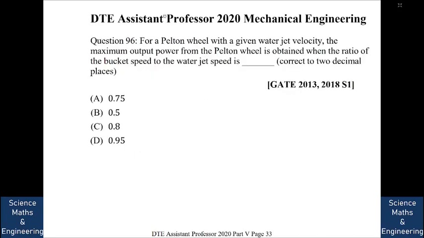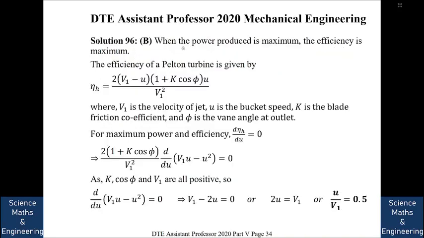Next question. For a Pelton wheel with a given jet velocity, the maximum output power from the Pelton wheel is obtained when the ratio of the bucket speed to the water jet speed is, so the answer is, so this was asked previously in two GATE questions. When the power produced is maximum, the efficiency is maximum.